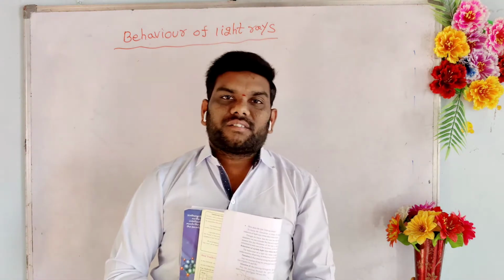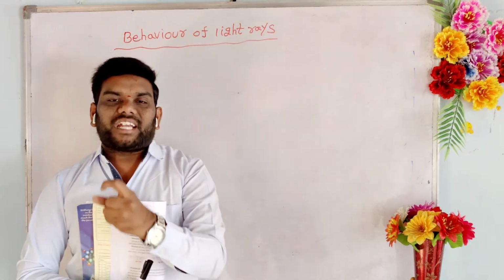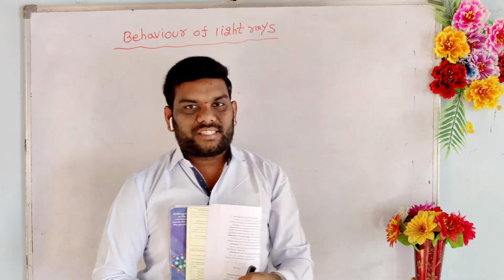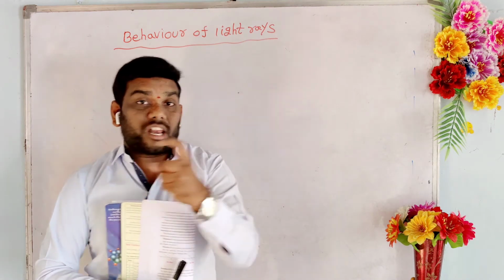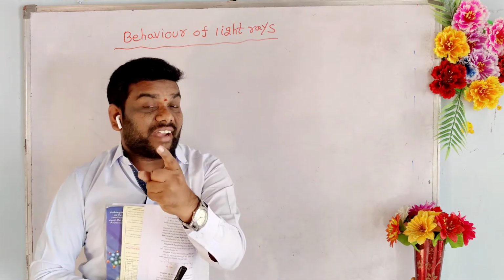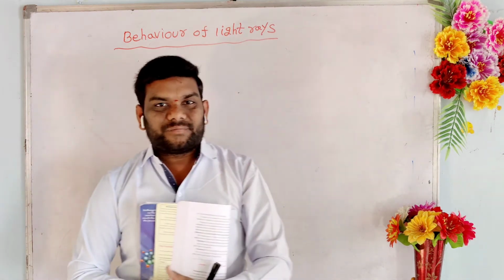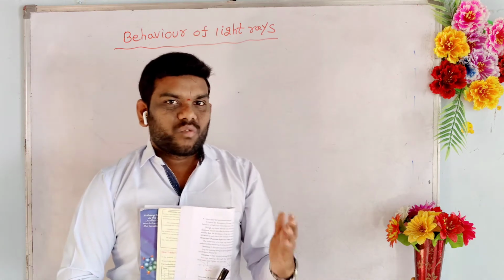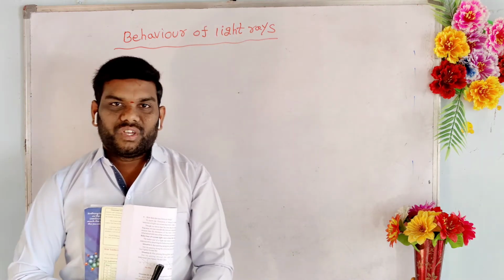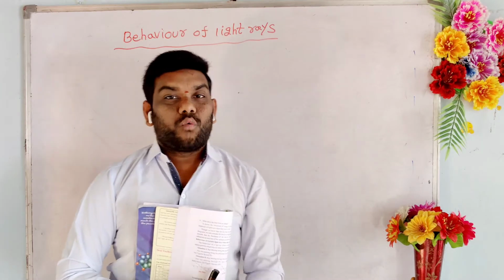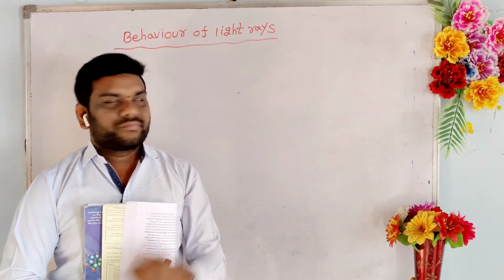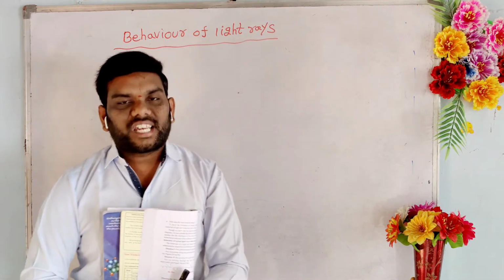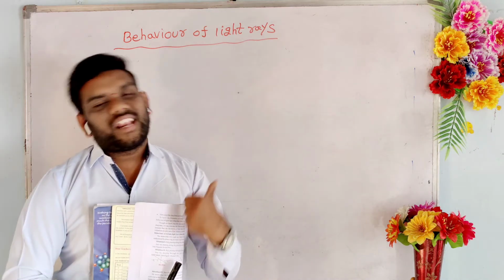For example, a light ray traveling parallel to the principal axis is incident on the lens. After incidence, what will happen to that light ray? What are the conditions and restrictions of these light rays? Let us start with these lenses.